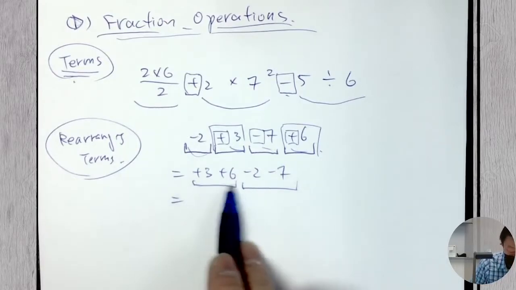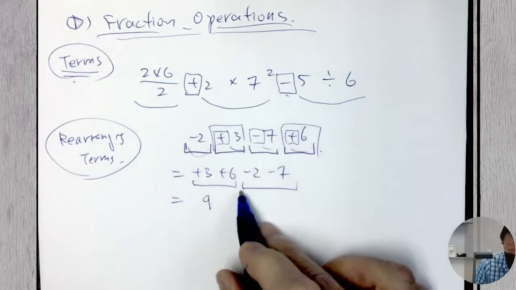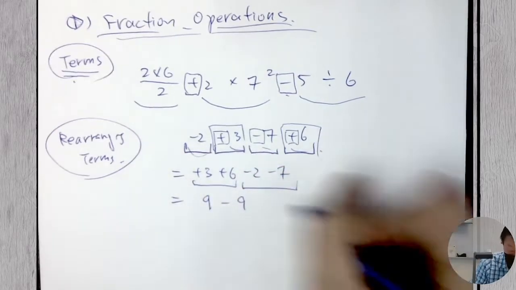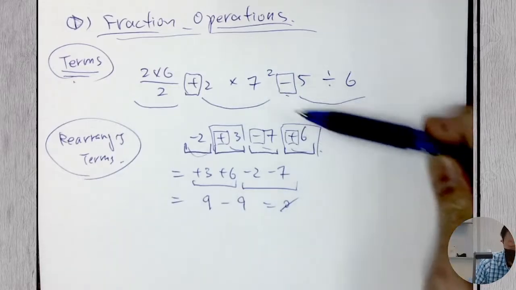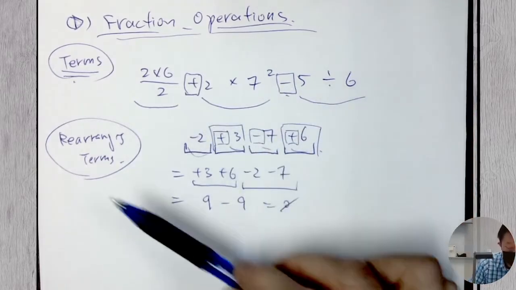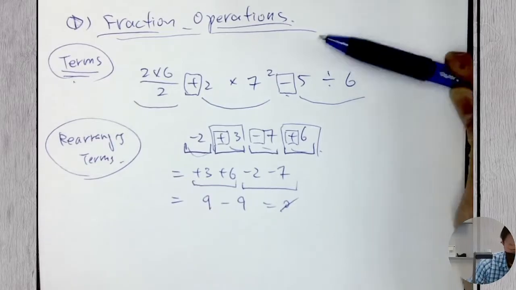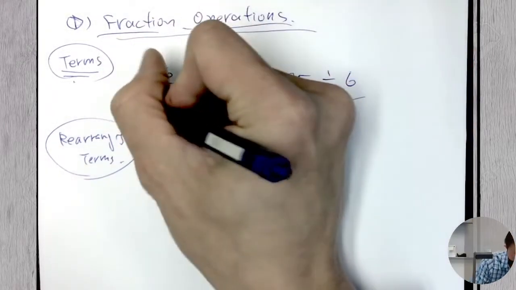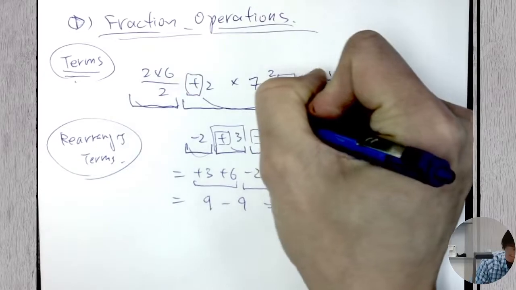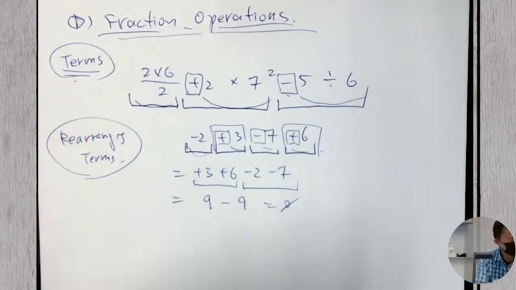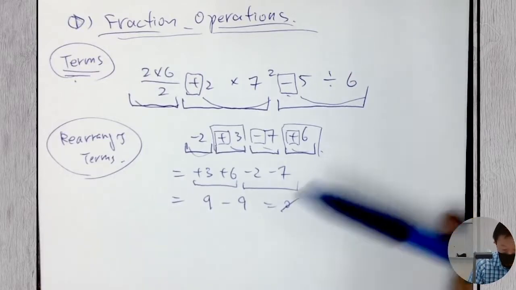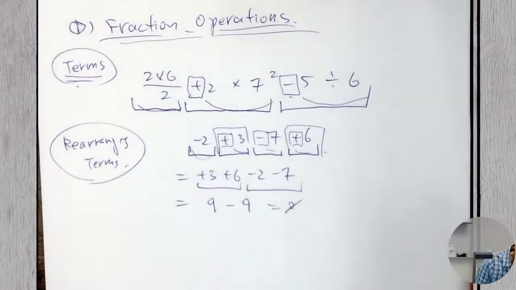In this case, the positives add to 9, the negatives add to 9 as well, and the answer is 0. It's important that you recognize that you can rearrange your terms. I can rearrange these 4 terms without changing the outcome. It's important that you know how to do that.